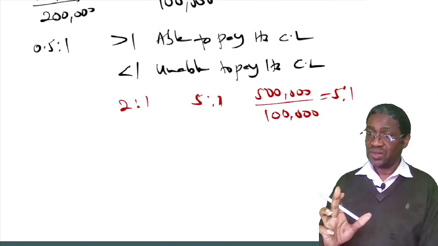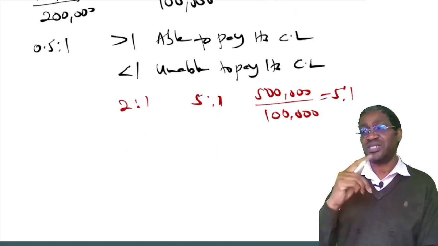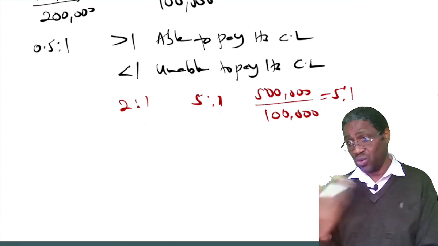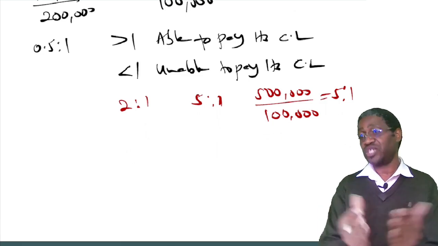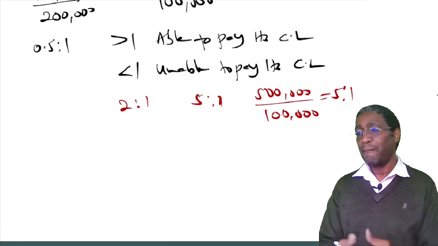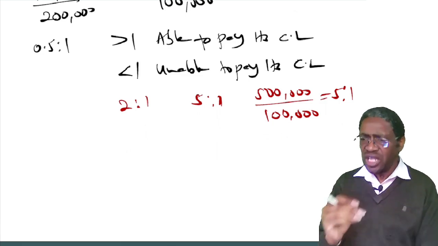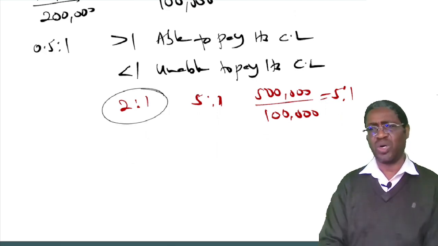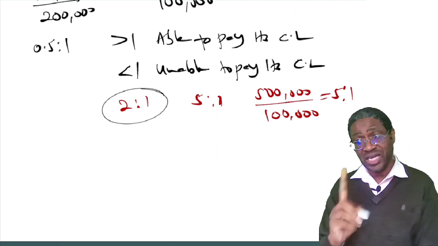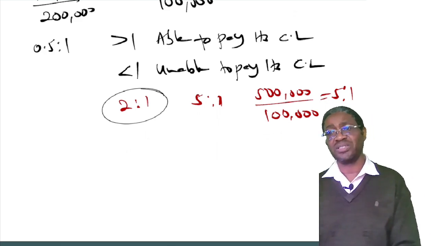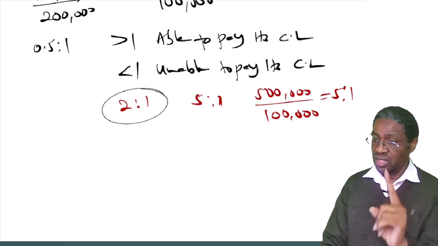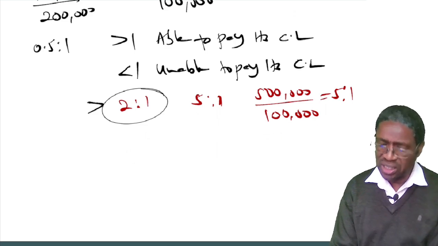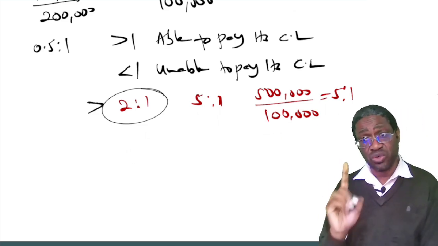One conclusion you will make is that you as a firm are able to pay your current liabilities, of course, because the ratio is greater than 1. But knowing that the recommended ratio should be 2:1, where you get a ratio greater than 2:1, listen, any ratio greater than 2:1 means what?